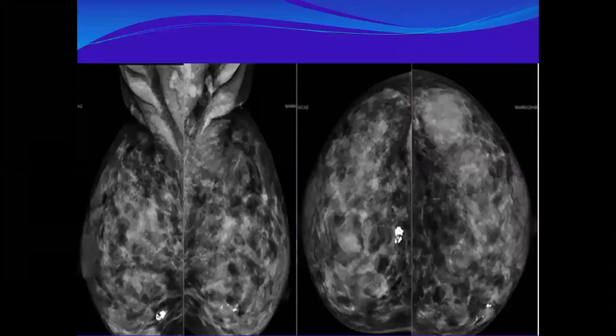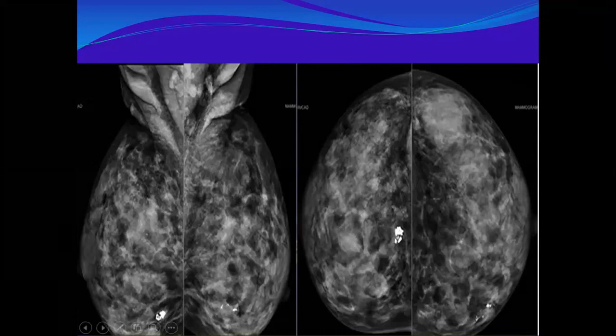What about this? This is from the literature. It's not my case. Abir? Who's talking? Hannah. Yeah, this is a dense breast first.